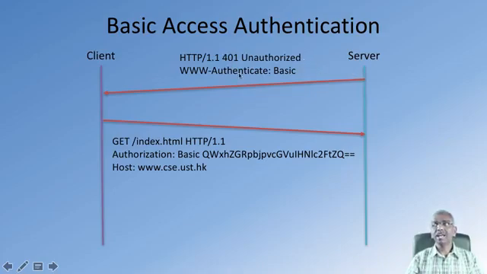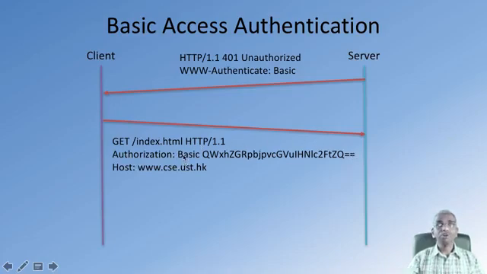When the reply comes back from the server side, the client, in response to this reply coming in, will have to send the request, including a specific header field in the request message of the type authorization. And this authorization header field will contain some information in there.